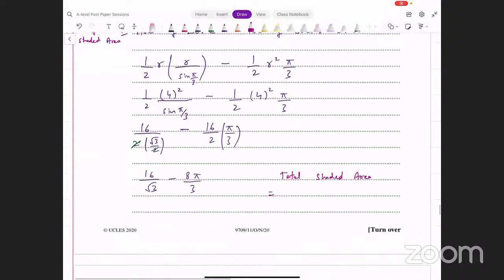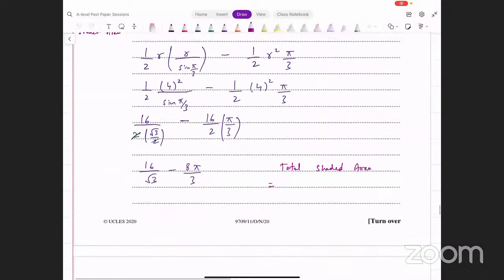That's going to be 2 times 16 over square root of 3 minus 8 pi over 3. That gives me 32 over square root of 3 minus 16 pi over 3. Let me just confirm this.